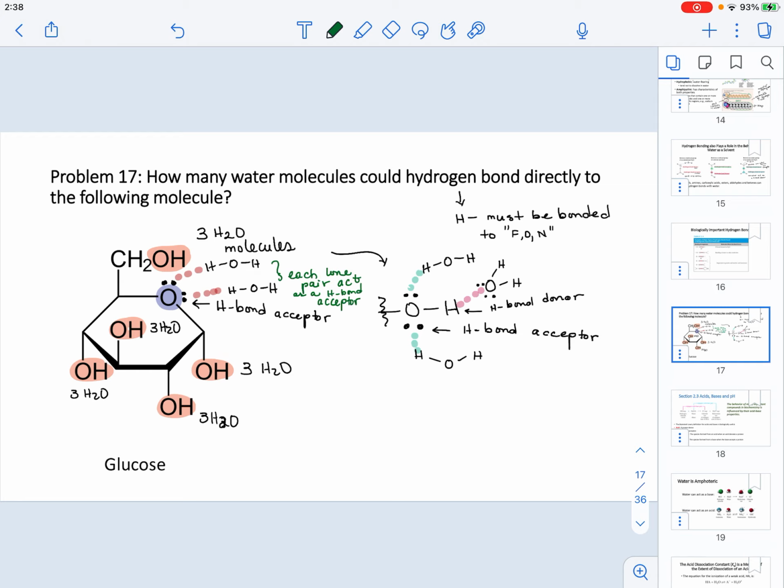Okay? And as you can see, that worked out for the hydroxy groups and also for the oxygen atom here. So the final answer for this problem is 17 water molecules are going to be interacting with glucose in this case through hydrogen bonding events.